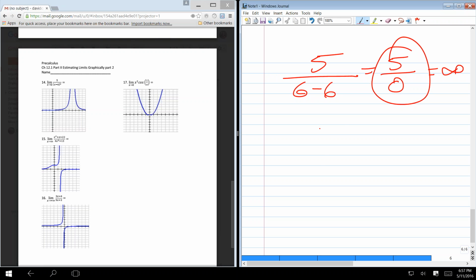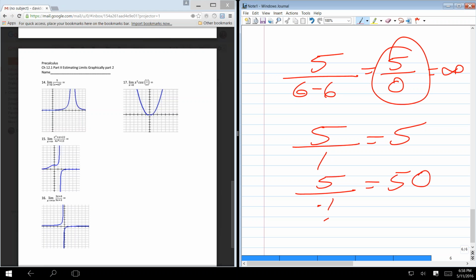And if you don't believe it, take that number and divide it by 1. That's equal to 5, right? Yes. Now divide it by 0.1. That's equal to 50. Now divide it by 0.01. That's equal to 500. As the denominator gets closer and closer to 0, the answer gets bigger and bigger and bigger. So when you are dividing by 0, you're really talking about infinity.